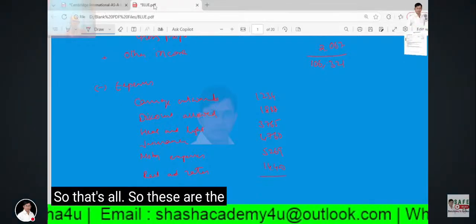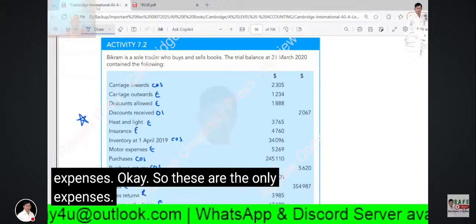So that's all. So these are the expenses. Okay. So these are the only expenses, nothing else.